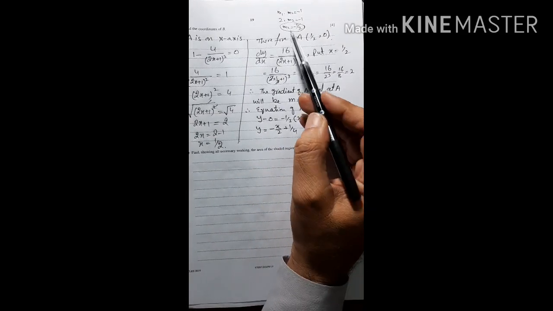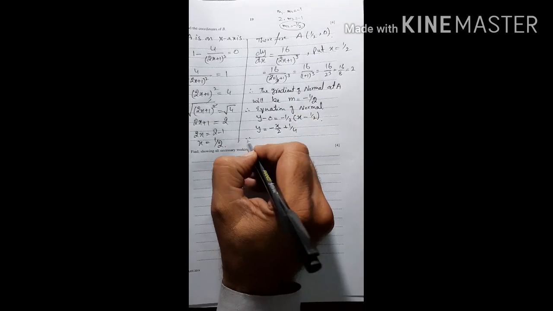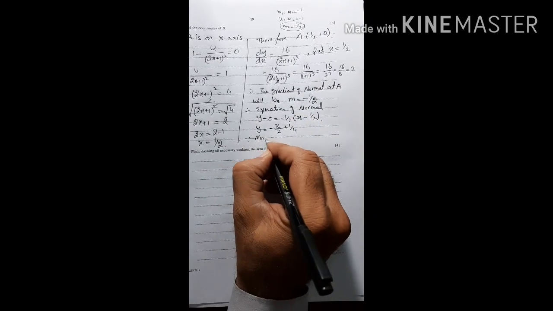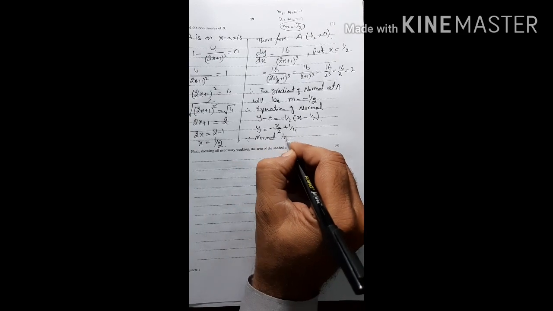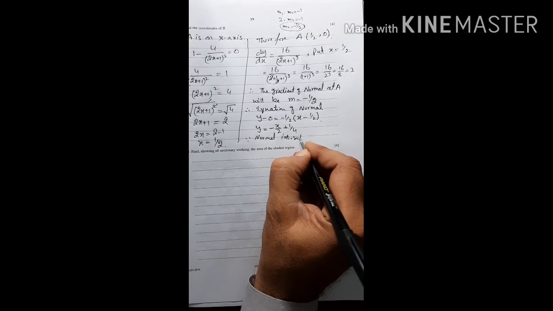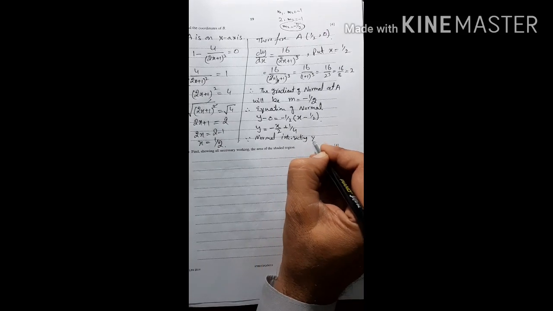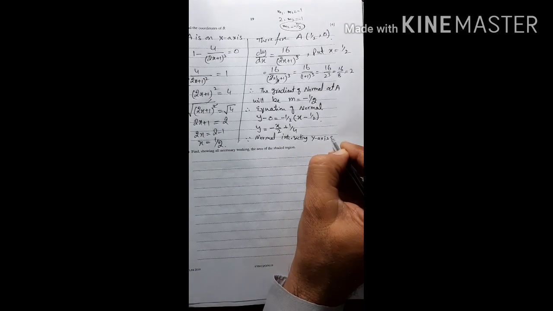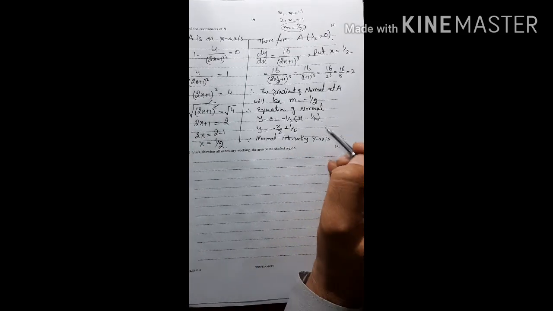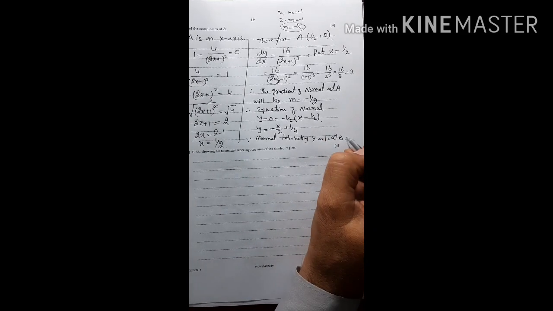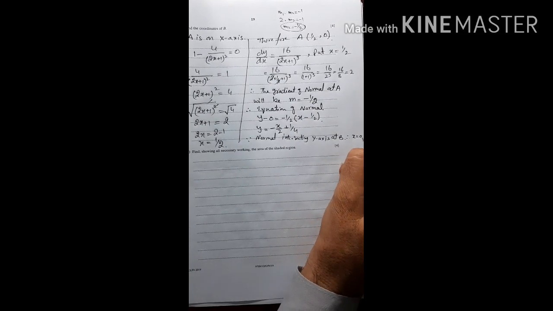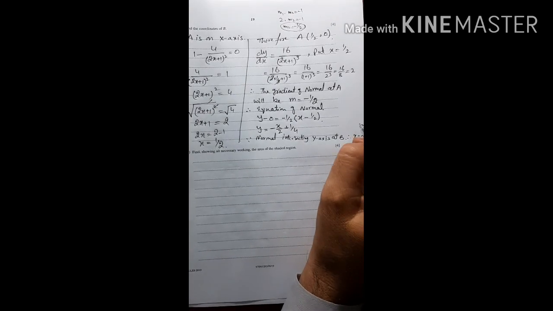So the normal is cutting the y-axis at B. Since the normal is intersecting the y-axis at B, we'll put x equal to 0, because on the y-axis all x values are 0.